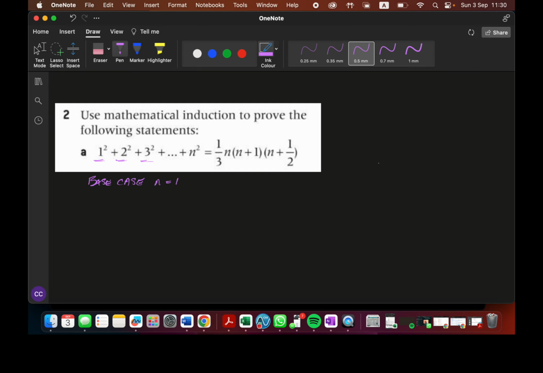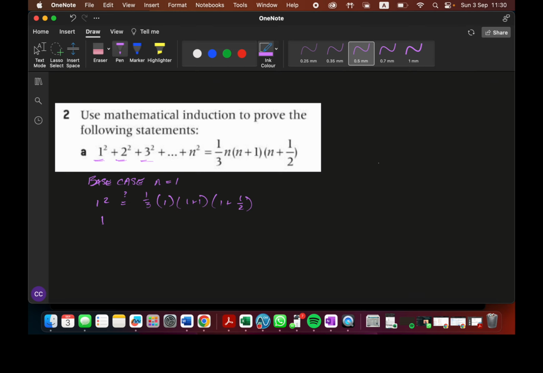So 1 squared is in fact 1. Is this going to be equal to 1/3 times 1 times 1 plus 1 times 1 plus 1/2? Goodness, it doesn't look like it's going to work, but let's see.